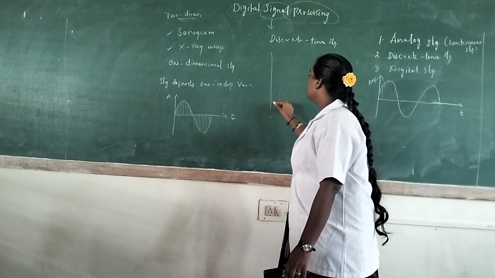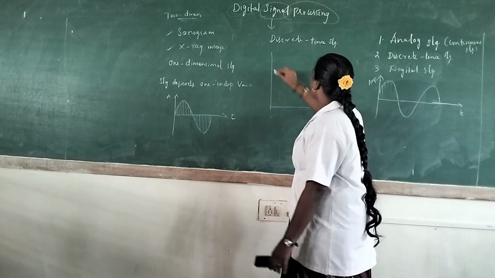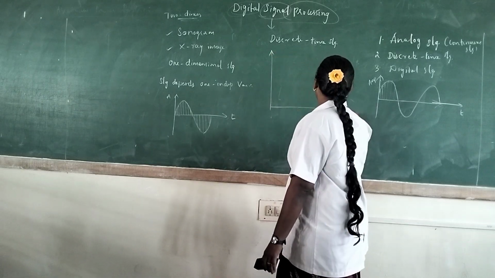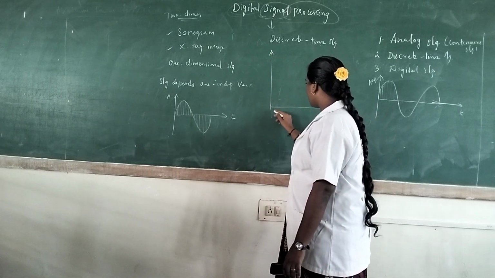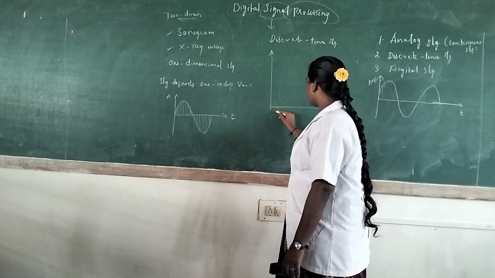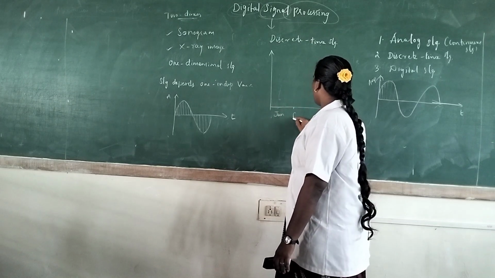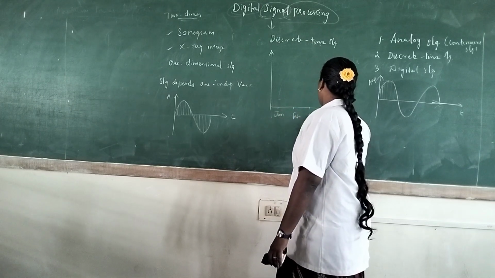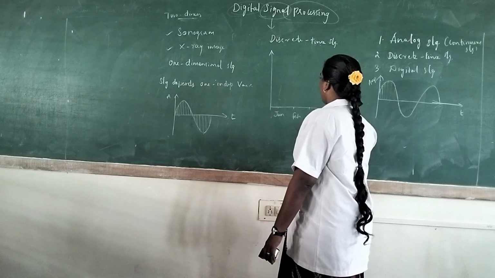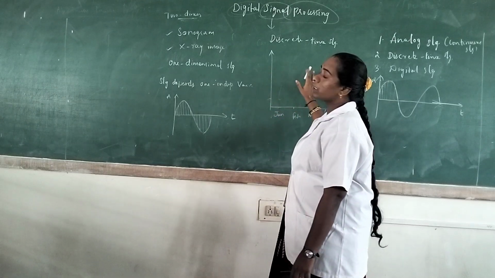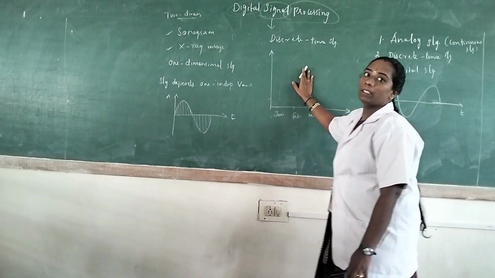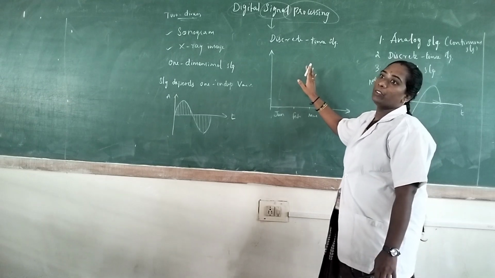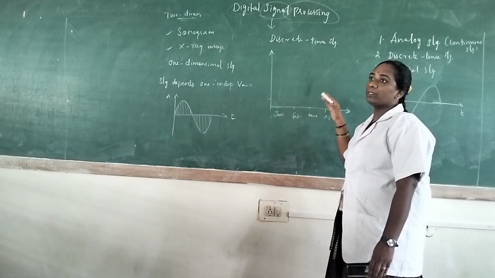For example, you can see this. On the x-axis I am taking the month. This graph represents the salary credited to your account every month.